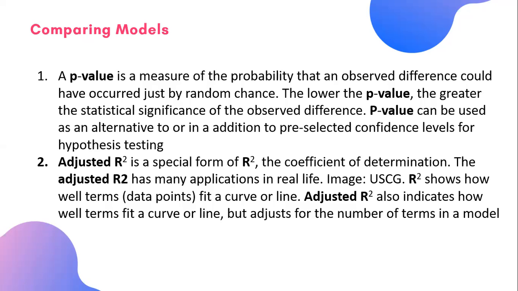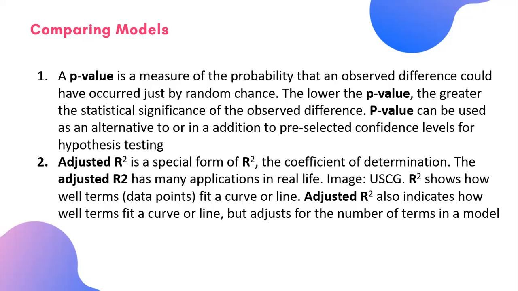So these are two very important things to remember when you are looking at various regression models and determining which one is better than the other, or comparing them. Next, I'm going to take you through 4 different models and calculate the regression for each one.